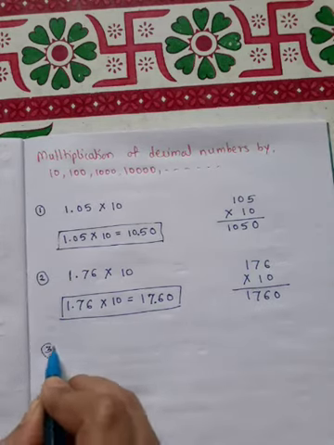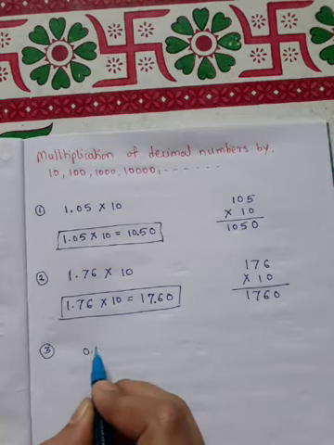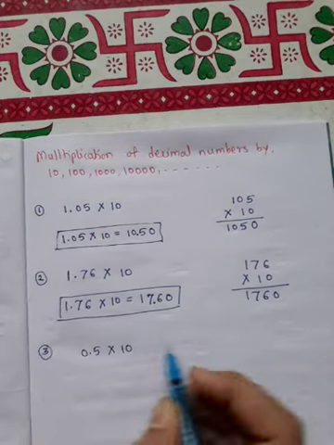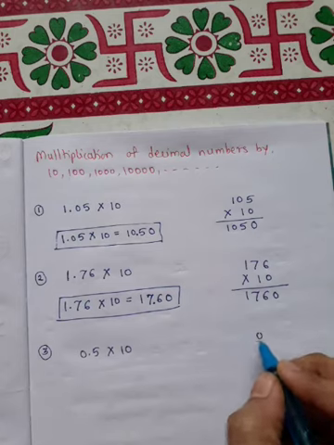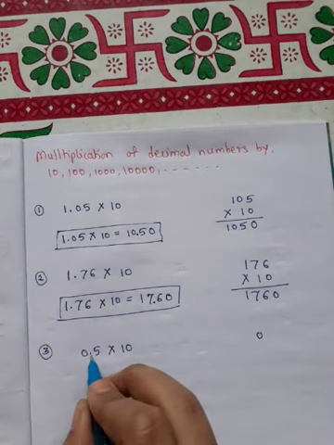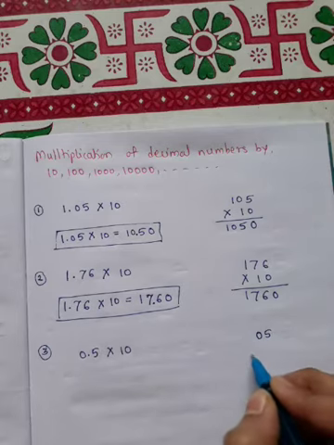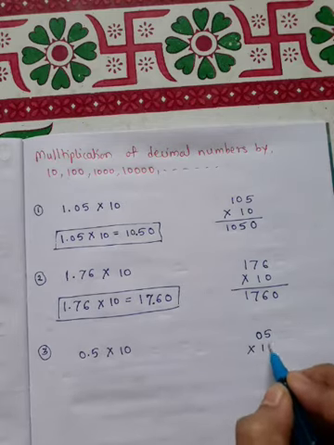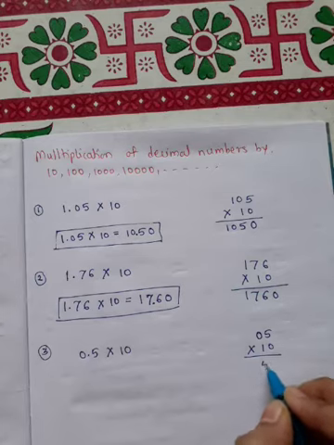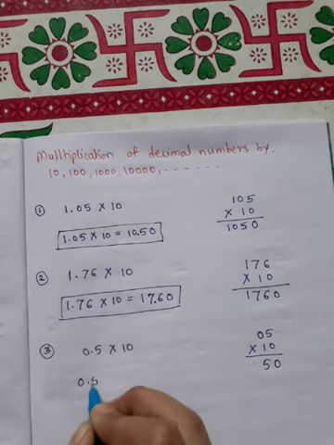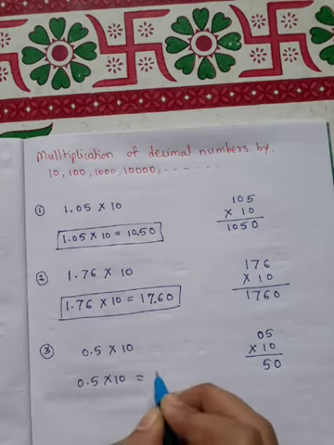Now see the third example, 0.5 into 10. So what is 0.5? If we ignore the decimal point, then 0.5 is nothing but 5. Okay, so multiplied by 10, we get 10 5s are 50. So 0.5 into 10, the obtained product is 50.